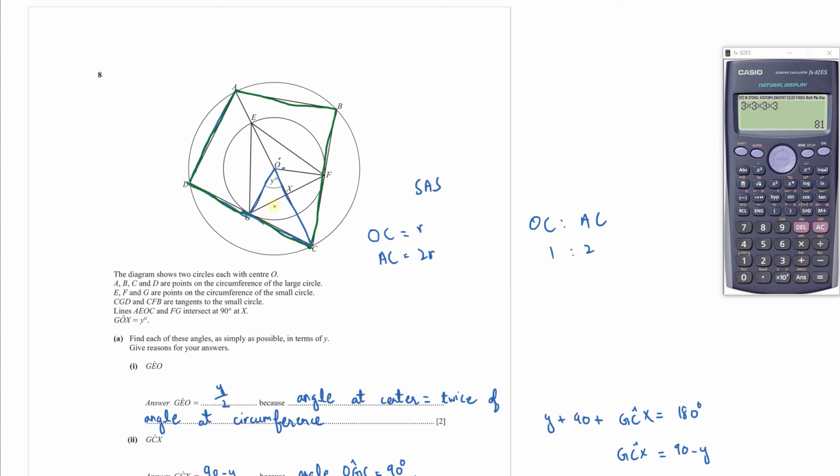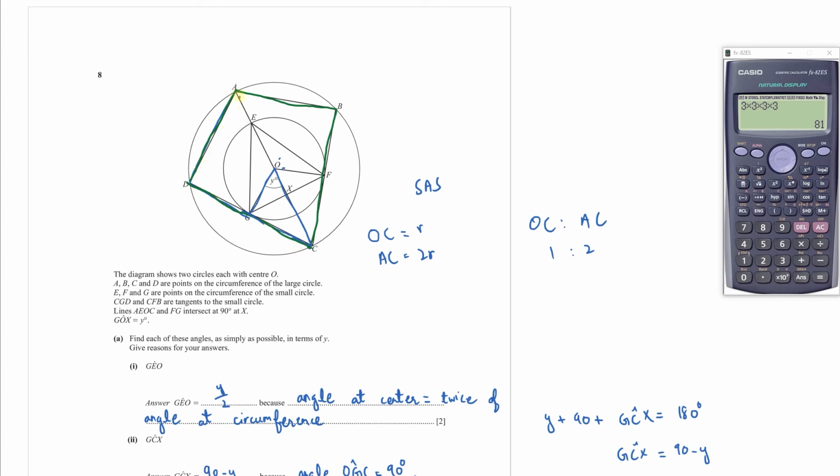We already found the ratio between the area of this triangle and this triangle ADC. The area of this quadrilateral will be simply twice the area of this triangle ADC, because this triangle ABC is exactly the same as this triangle ADC.